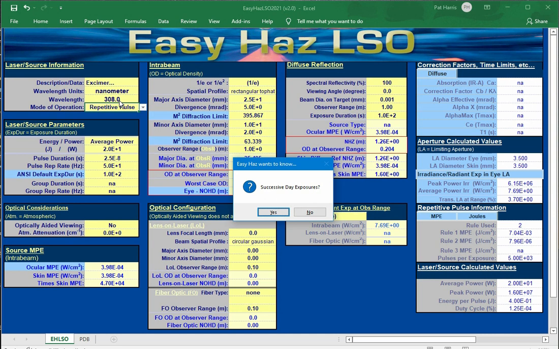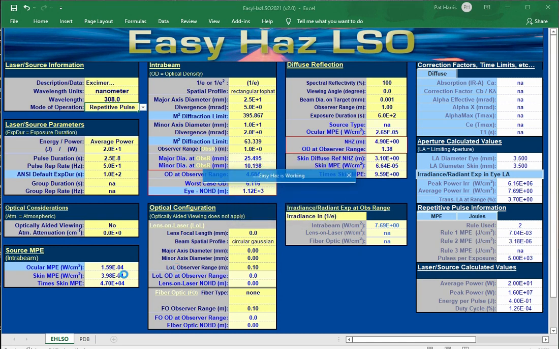If you suspect that this is going to be the case, then you would answer yes to this, and the MPE is reduced by a factor of 2.5. So when I say yes to this, watch this MPE right here, and you're going to see it gets reduced right there. So we've answered yes to successive day exposure.